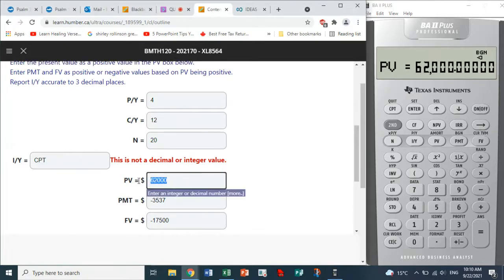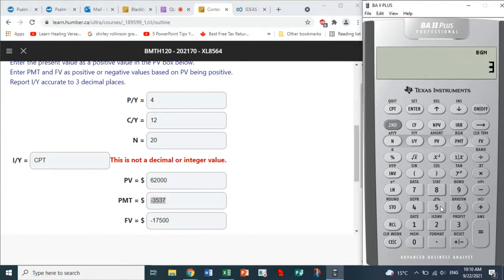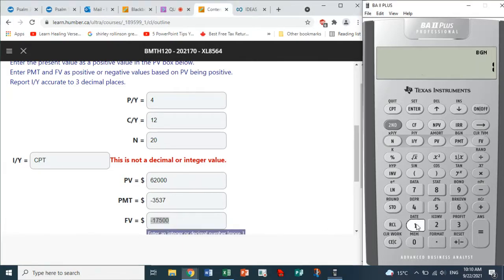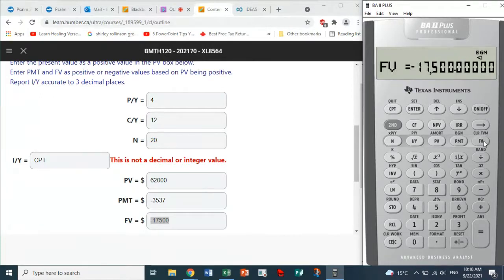Payments, that's the leasing, would be minus 3,537. Future value is 17,500, so 17,500 plus/minus future value.